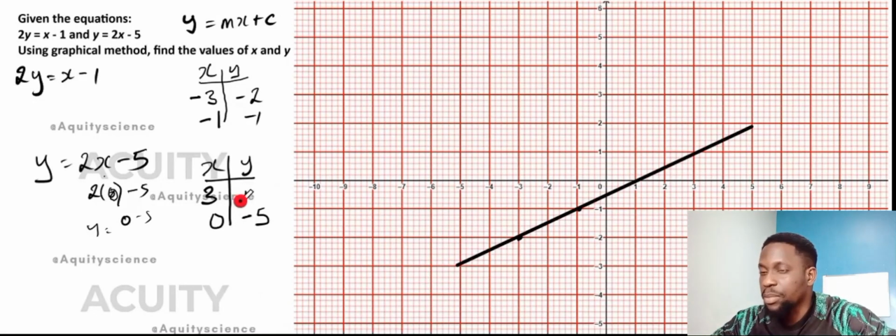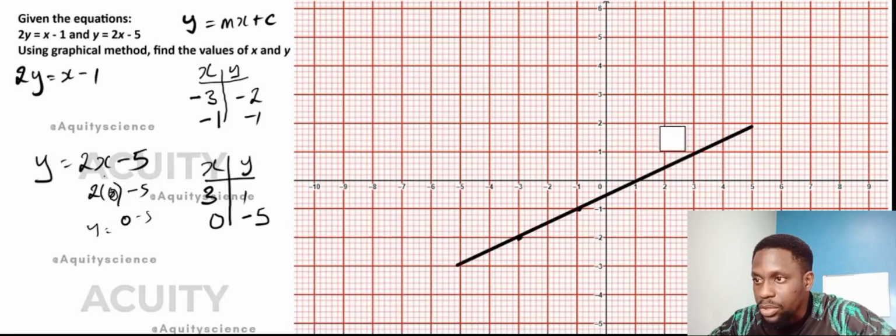Let's plot the second one. When x is 3, y is 1. I think that should be somewhere here. No, this is y minus 1. X is 3, y is 1. That should be somewhere here.